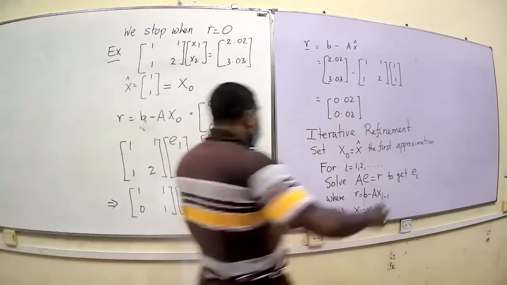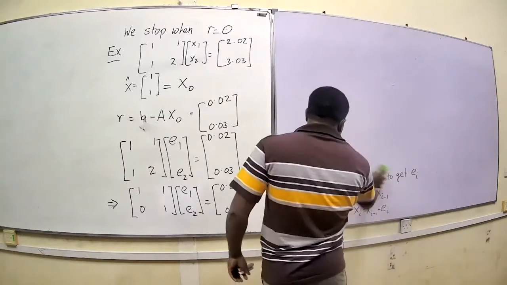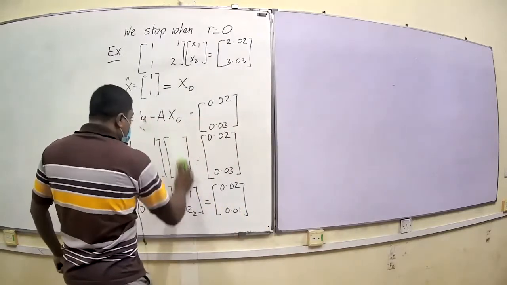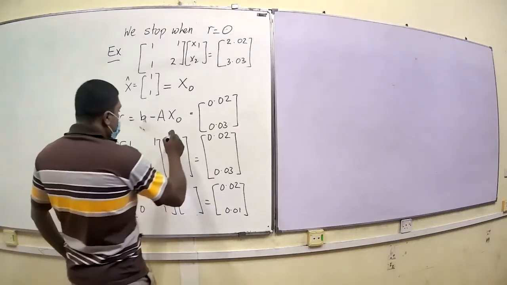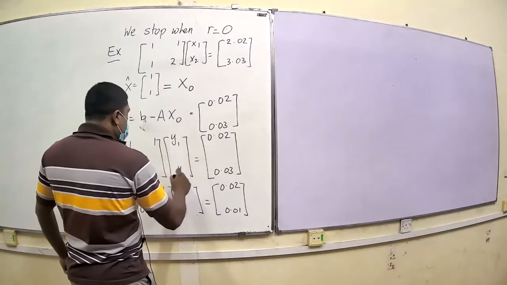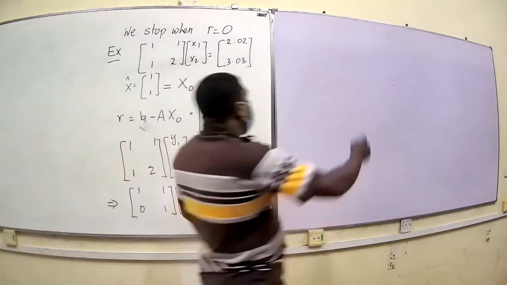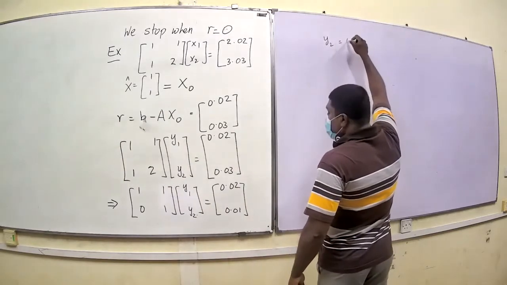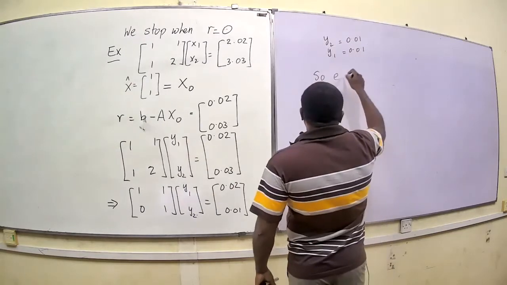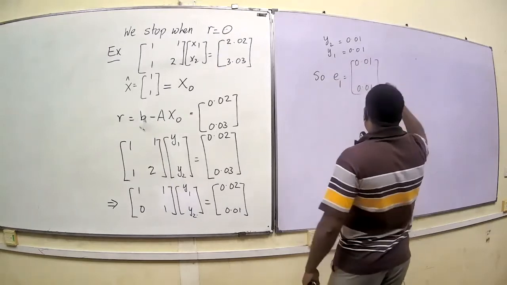If you solve this by back substitution, let me use a different notation for e: y1, y2. So y2 is 0.01 and y1 is 0.01. So my e is 0.01, 0.01.